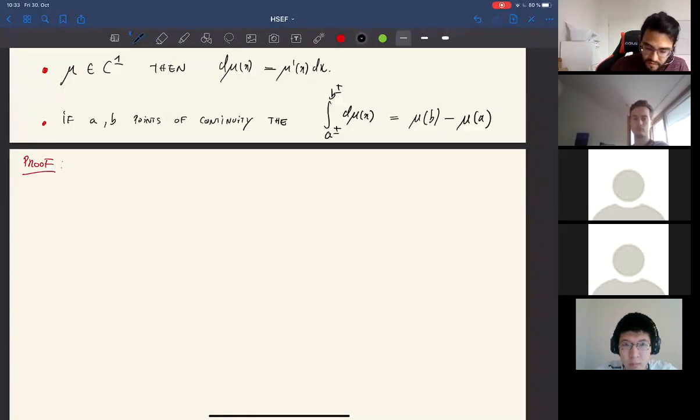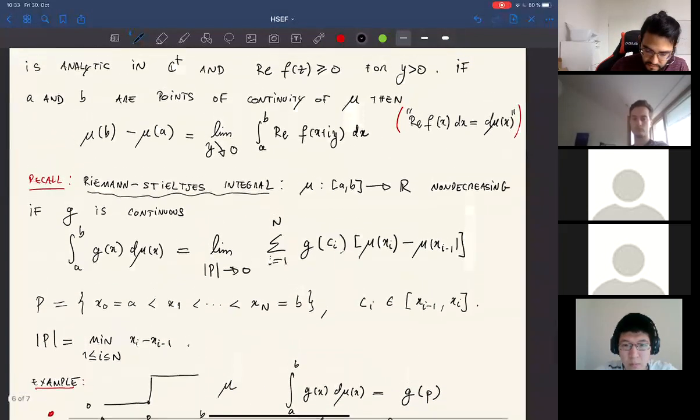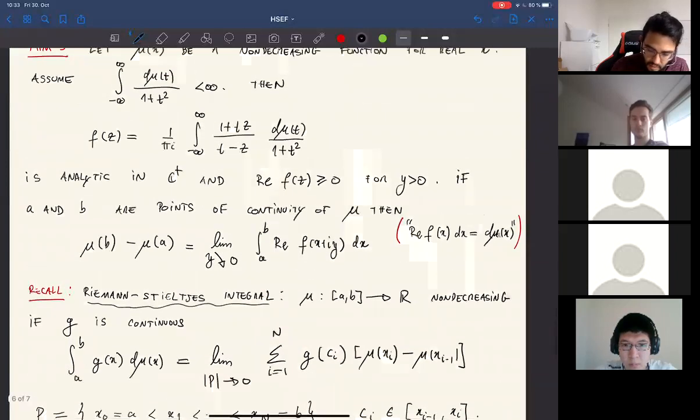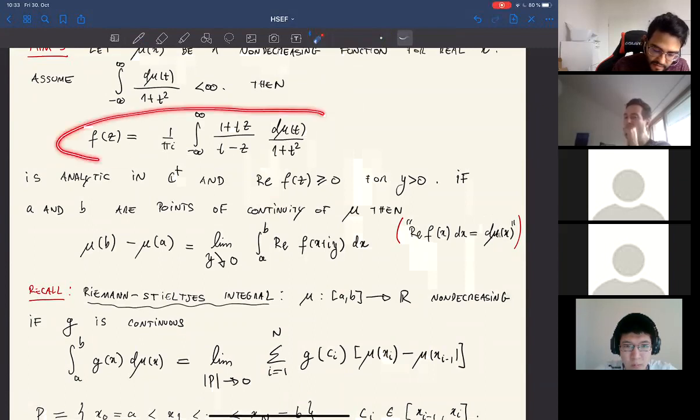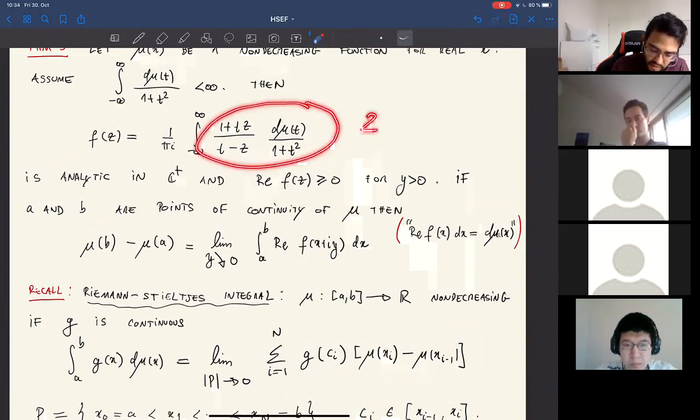So first of all, let's look at the definition. It's clear, from the same comments I made in theorem 2 in the last class, this integral converges absolutely as long as z is a point in the upper half plane. And this will define an analytic function easily.